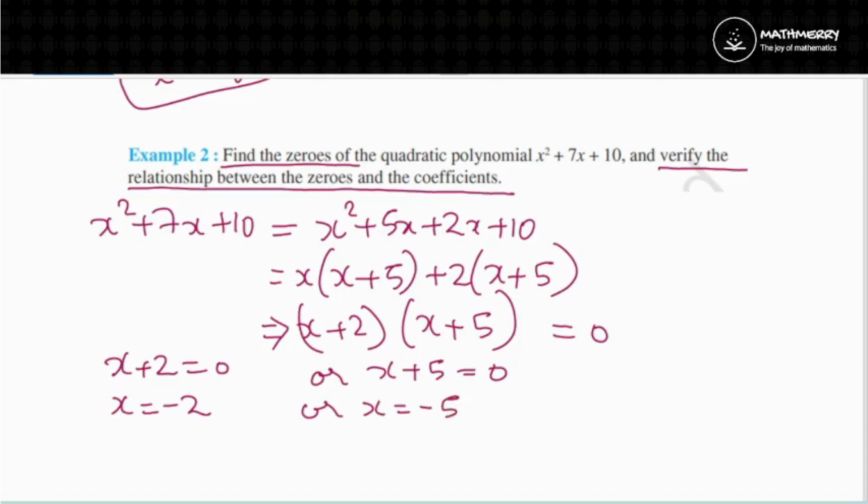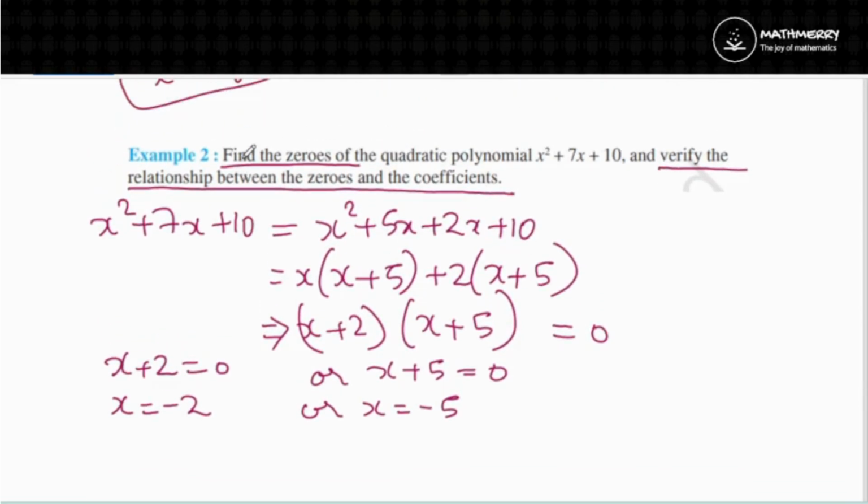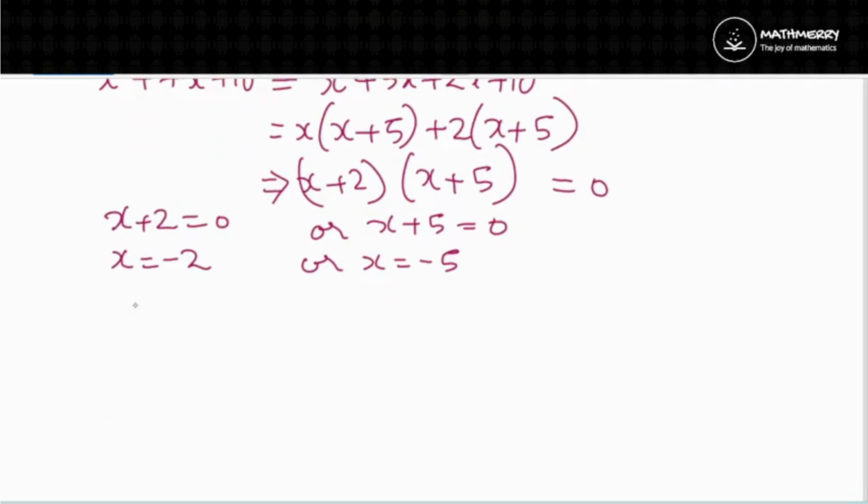These are the two zeros of this quadratic polynomial. Now we have to verify the relationship between the zeros and the coefficients. So we can write alpha is equal to minus 2 and beta is equal to minus 5.